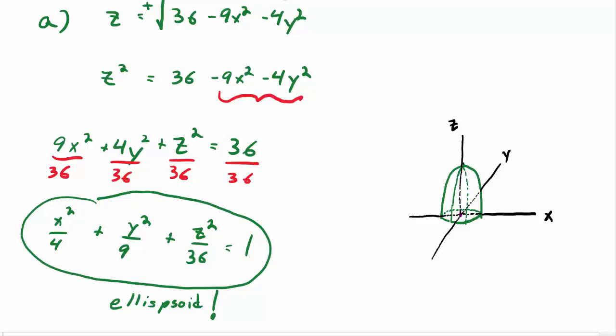And then let's put in a couple of points here. What would this point be? What's the length of this axis right here? Have to be 6, the square root of this number, right? So 0, 0, 6 would be that point. What would this point be? It's on the x-axis, so it'd be the length on the x-axis out to here. What would that be? 2, the square root of that number.